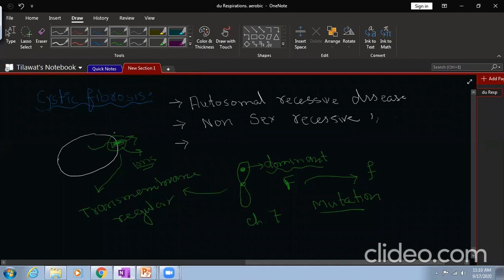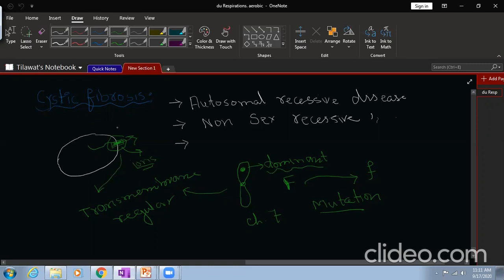Normally, the ions should go out from the cell, right? So normally it should happen like this. And as a result of that, when there are more ions outside, mucus accumulation will not take place there.